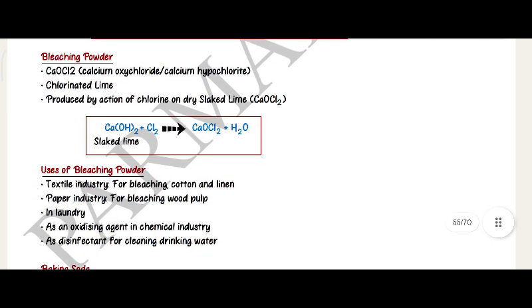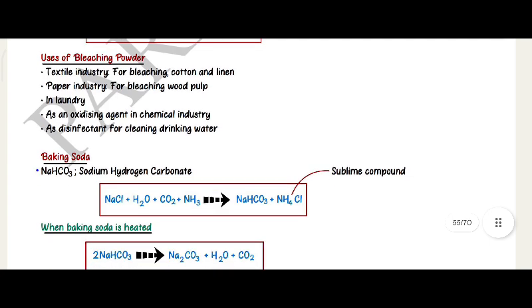Bleaching powder, calcium oxychloride, calcium hypochlorite, also called chlorinated lime, is produced by the action of chlorine on dry slaked lime: Ca(OH)2, slaked lime, plus Cl2 gives CaOCl2 plus H2O.